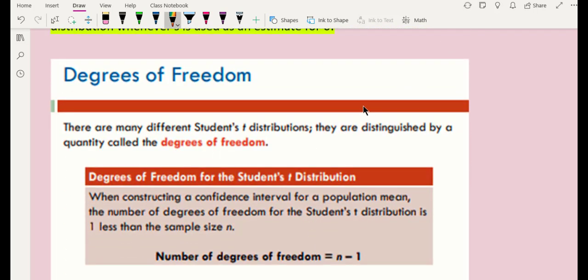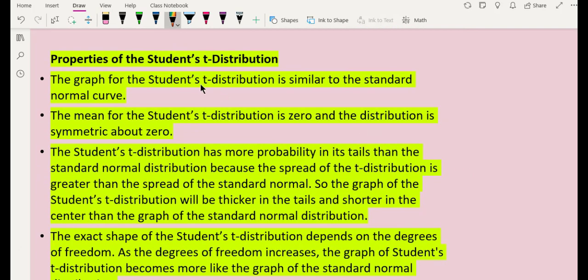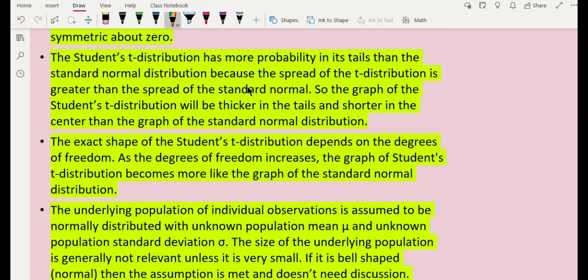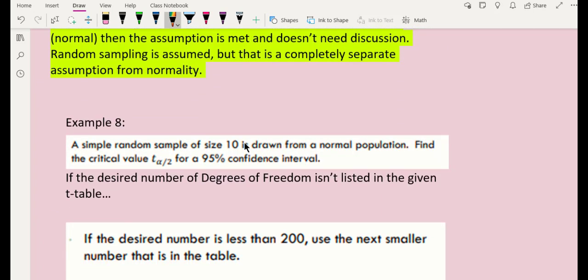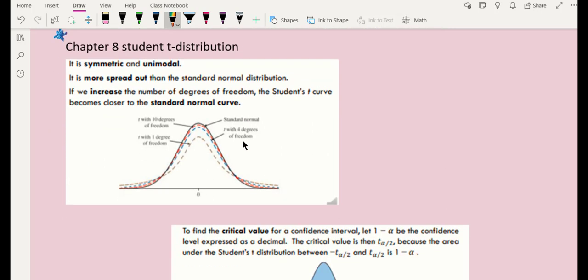We also talk about degrees of freedom and certain properties of the student's t-distribution that you need to read through so that I don't make this video very long. The student's t-distribution is symmetric and unimodal. It is more spread out than a normal distribution.